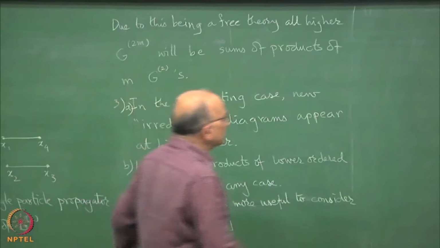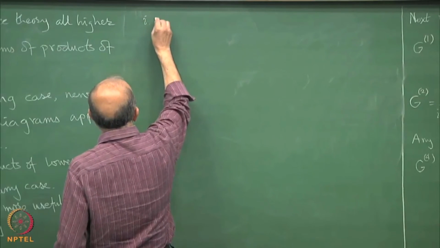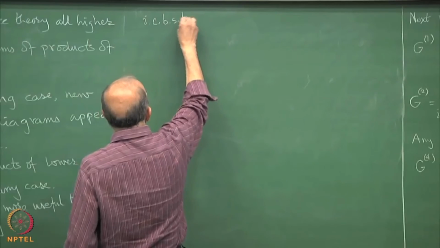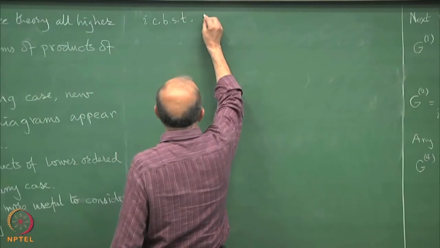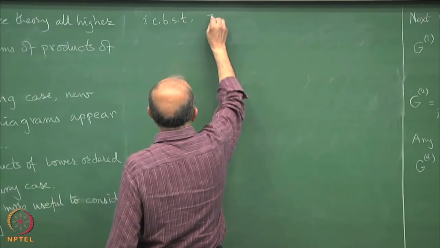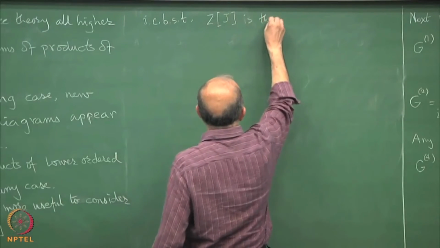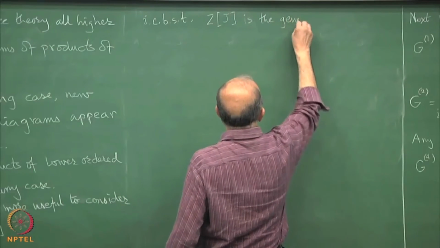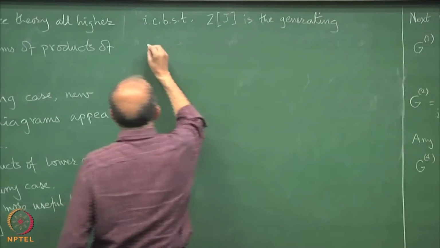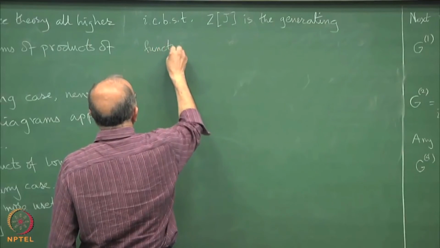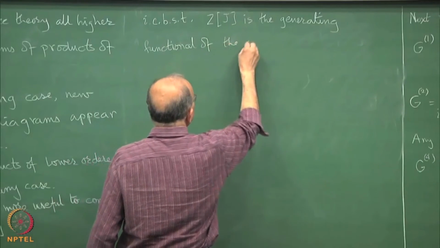Okay. So it can be shown, and this will be done in the future, that Z of J is the generating functional of the connected diagrams.